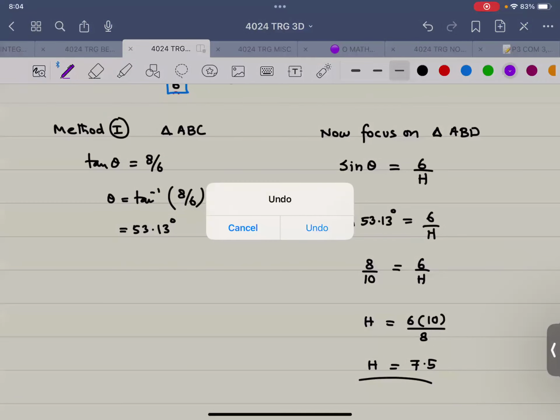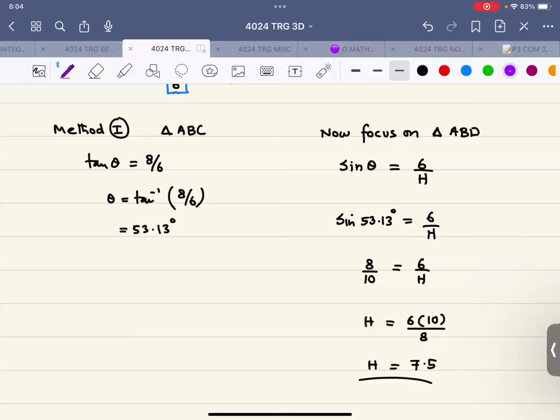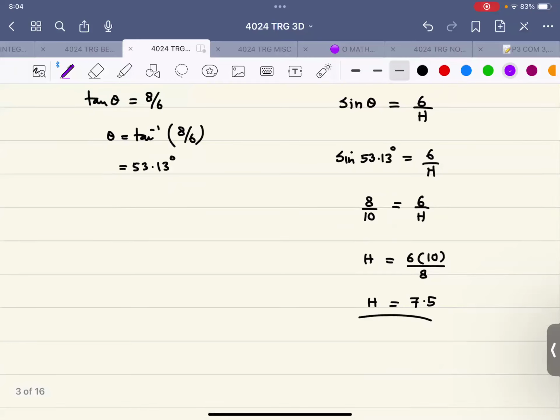So 53.13, first of all, 4 divided by 3 and tan inverse, shift and tan, that is 53.13, that's correct. And let me calculate sine of that, that is 0.8. So that is 0.8, that's all good.